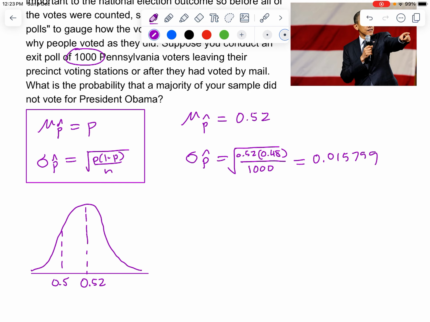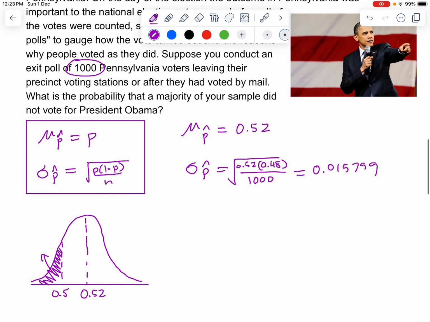It says probability that a majority of your sample did not vote for President Obama. It's basically saying this area right here, where 50% or less of the people vote for Obama.